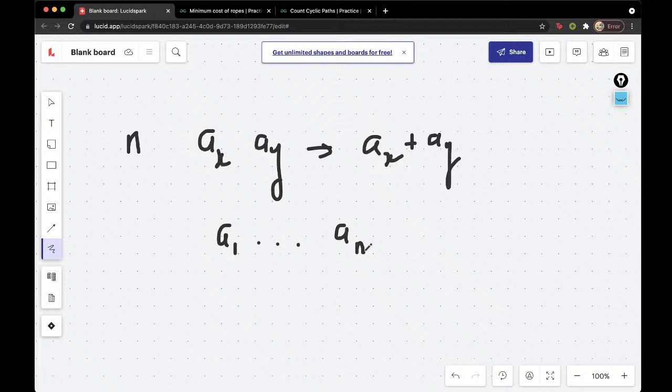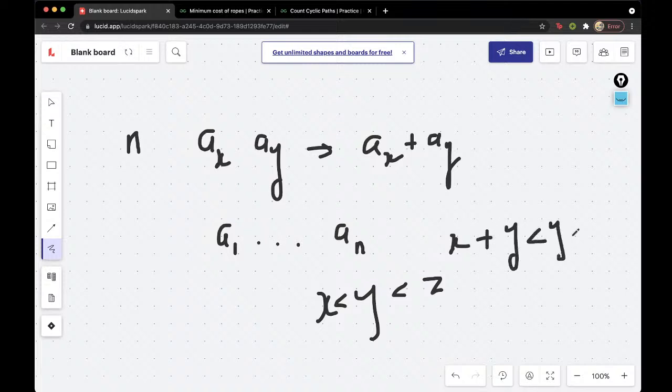It's obvious that you just have to select the minimum two ropes, and that will give you the minimum cost. Suppose you have x, y, z, in the order x less than y less than z. x plus y will be less than y plus z because x is less than z. So you always take the minimum two ropes, and this will give you the least cost.